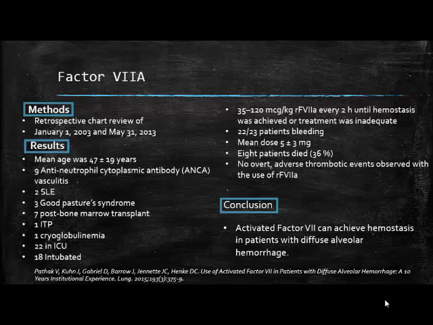Your understanding of the study is that in 10 years they had 24 patients with DAH, and that was only a subset of all of their patients with DAH? It sounds to me like they're saying that every patient they had with DAH they just put on factor 7. They looked into the patients that they put on factor 7. It was retrospective, and they saw what the benefit of factor 7 was on those patients.